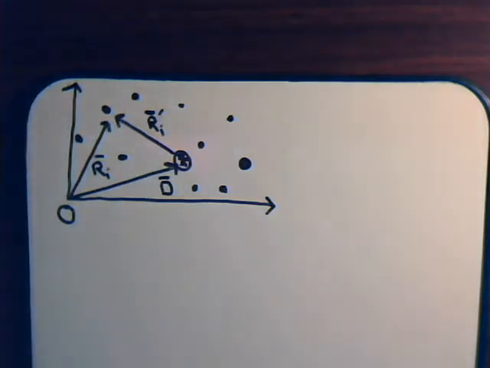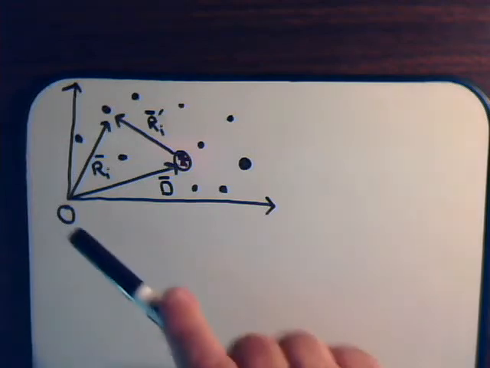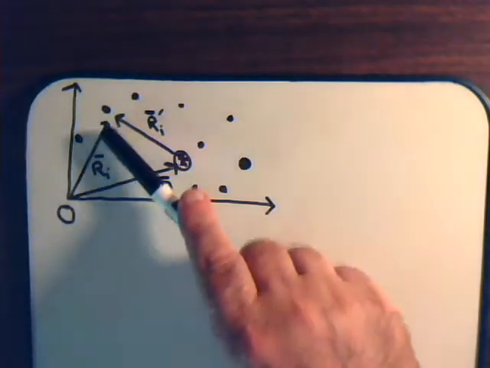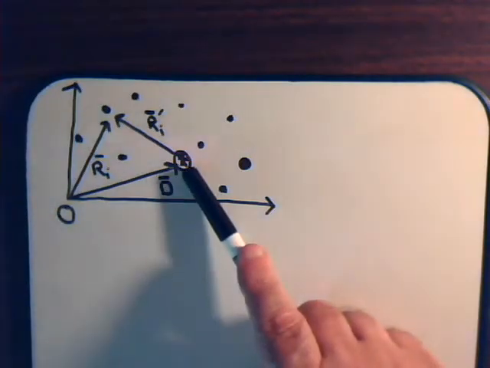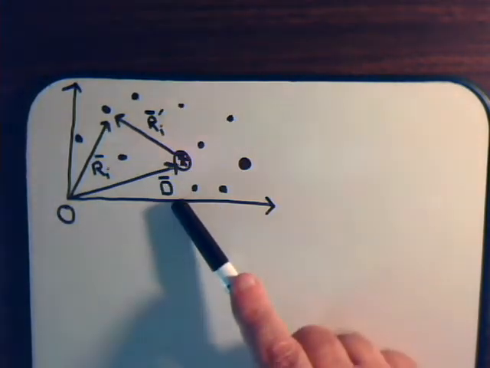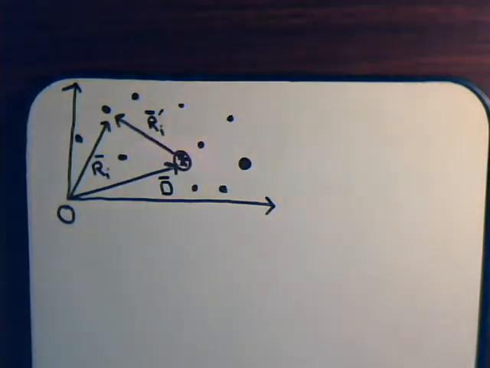So if we set it up like that, then this position vector Ri would be the sum of the position vector for the center of mass, D, plus Ri prime.